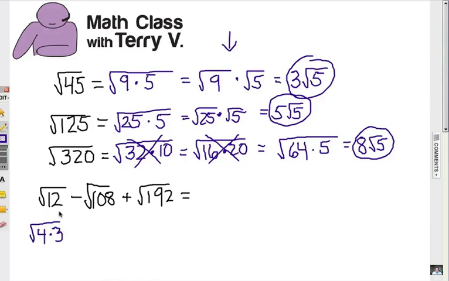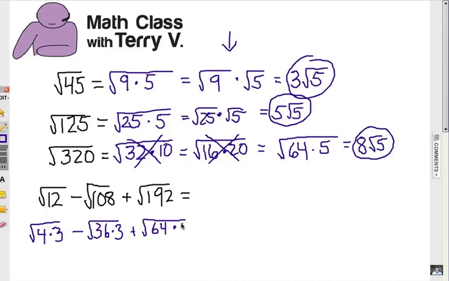All right, I'm going to rewrite radical 12 as radical 4 times 3 because 4 is a perfect square. All right. And then how about 108 as being 36 times 3? All right, let's think of it like that. And then the 192 can be written as 64 times 3. Interesting.